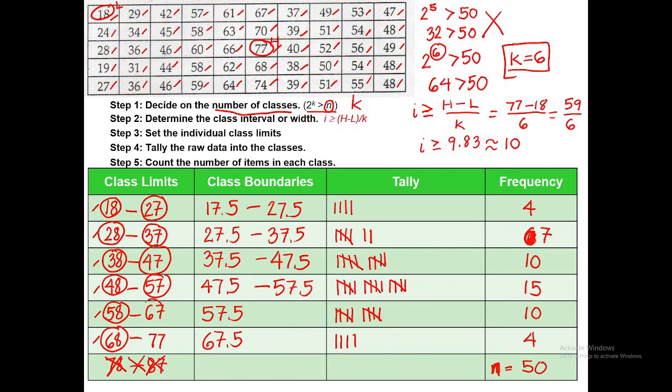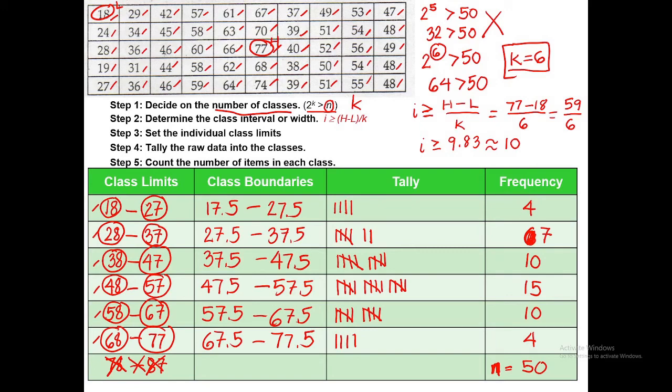The next one, 67.5. And lastly, 77.5. Okay? So take note, this is how we get our class boundaries. Is our table clear? So you now know how to convert raw data into a frequency distribution table. Understood?